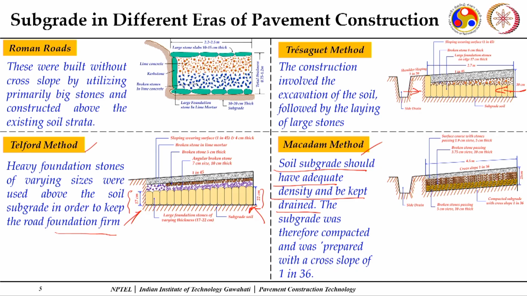So the subgrade was reconstructed to a desired density and water content, so as to get the required stability, and it was constructed with a slope considering the drainage requirements of this layer. This gives an idea how the importance of the subgrade came into picture, because finally all the layers which you construct in a flexible pavement construction will be resting on some ground. So that ground needs to be prepared.